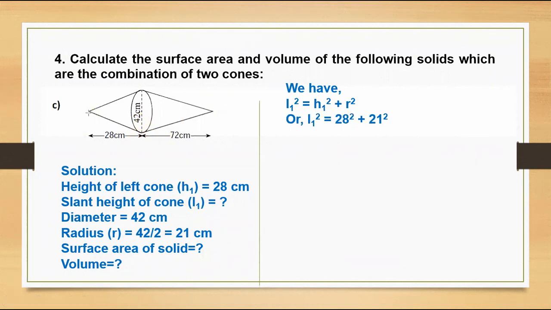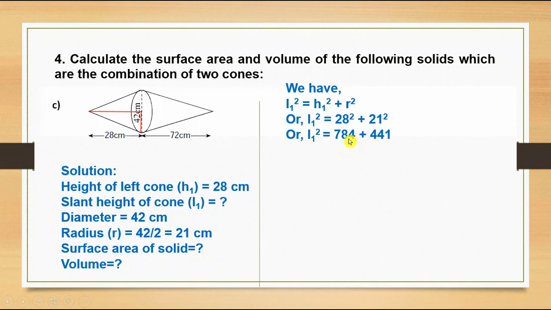That you can understand from here. If there is a right angled triangle, by the Pythagoras theorem, hypotenuse square is equal to perpendicular square plus base square. That is l square is equal to h square plus r square. And what is the value of 28 square? 784. 784 plus 21 square, 441.